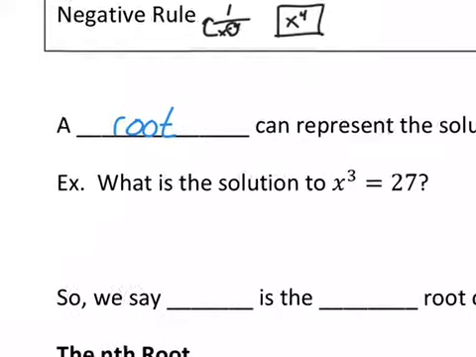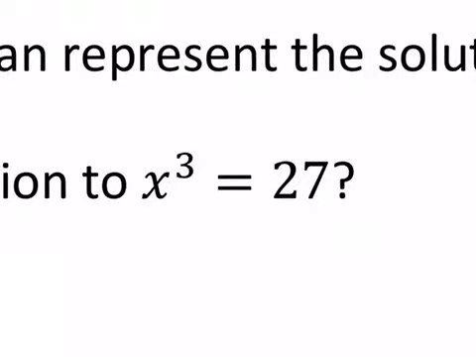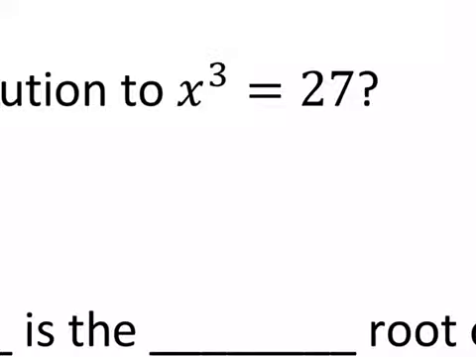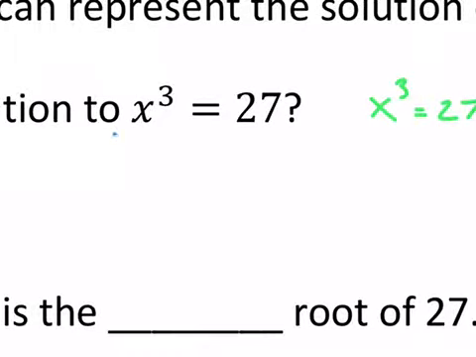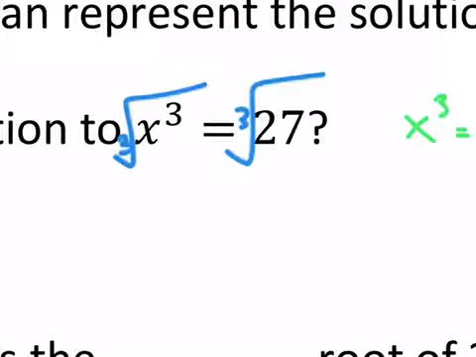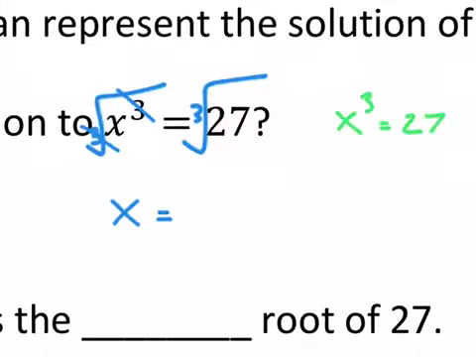And here's how it works. If we just have x to the third power is equal to 27, there are two ways of solving this. Let's look at both ways. One would just be to understand that the cube root is the opposite of having something to the third power. So that would get rid of the exponent, and then I'd take the cube root of 27.